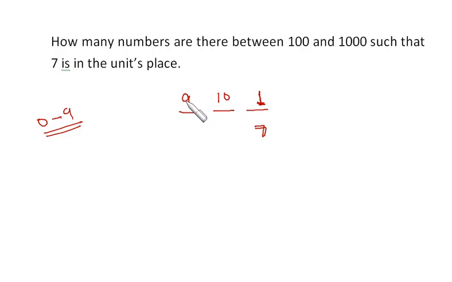So for the first place I have 9 choices, for the second place 10 choices, and for the third place just one choice, that is number 7 can come. So in all, 9 into 10, 90 numbers will be like this when 7 is at the units place. Clear?